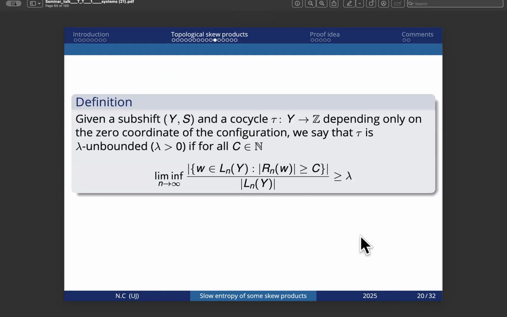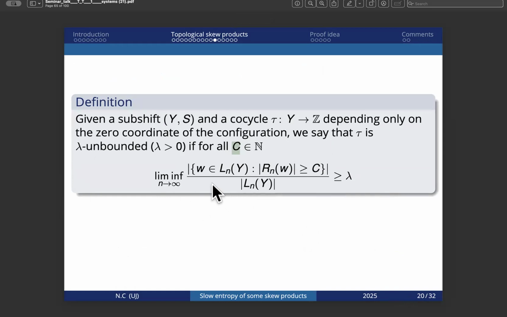So the definition of the property is this: given a subshift and a cocycle that depends only on the zero coordinate of the configuration, we say that tau is lambda unbounded when for all parameters c in the naturals, this liminf is bigger than lambda. Now, what is here in the liminf?